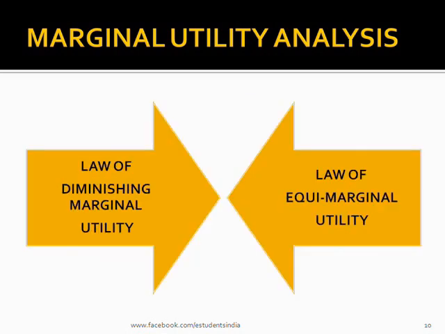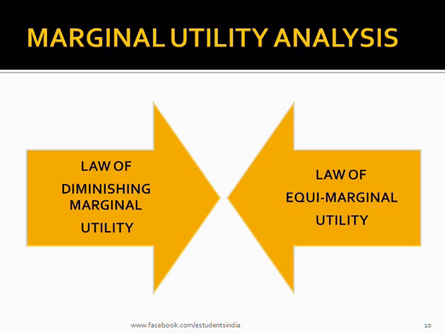Marginal utility analysis. There are two laws, the law of diminishing marginal utility and the law of equi-marginal utility. Equi-marginal utility means the law of equilibrium utility. They are not opposite laws. The law of equi-marginal utility is an extension of the law of diminishing marginal utility. The law of diminishing marginal utility applies to one product and the law of equi-marginal utility applies to two or more than two products.